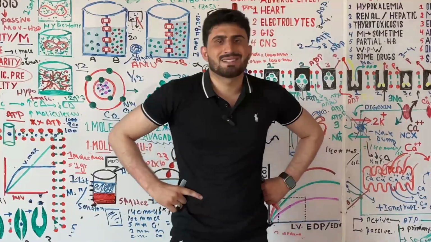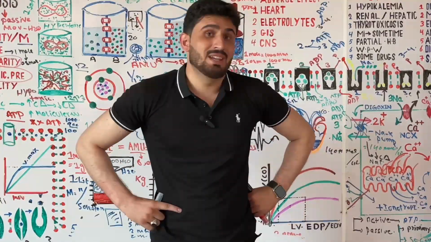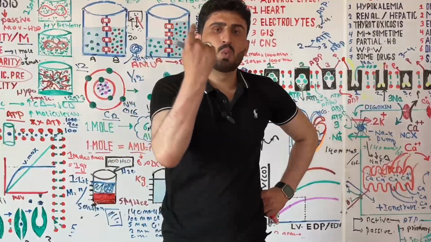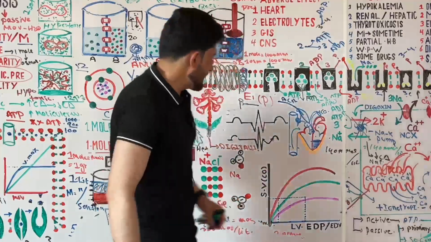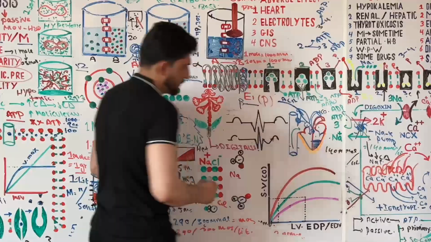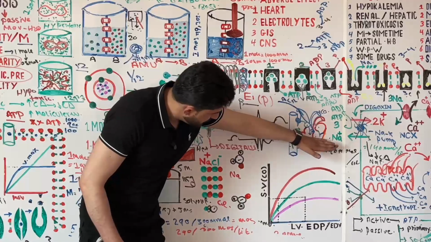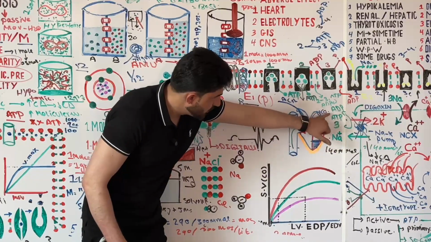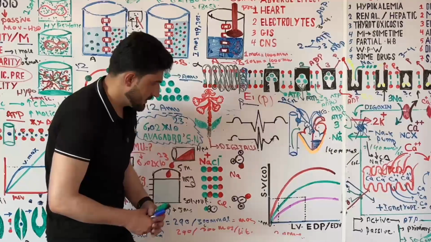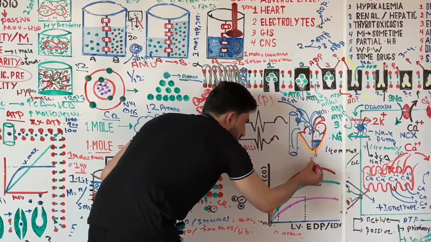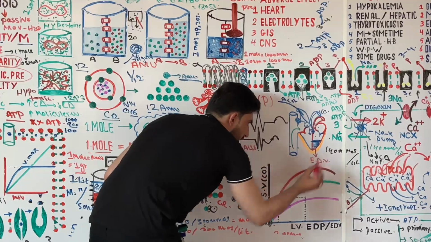Cardiac output is the amount of blood which is pumped by the heart in 1 minute. Now it says that if you put more into the heart, you will get more cardiac output. In this graph, for example, this amount of blood is also called end-diastolic volume.